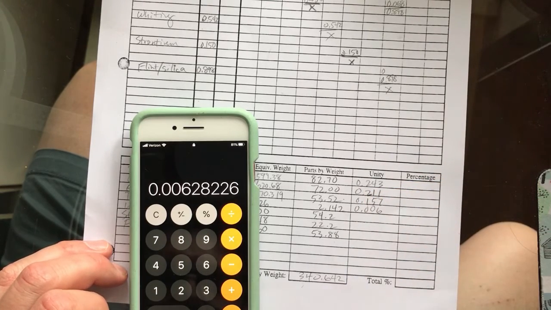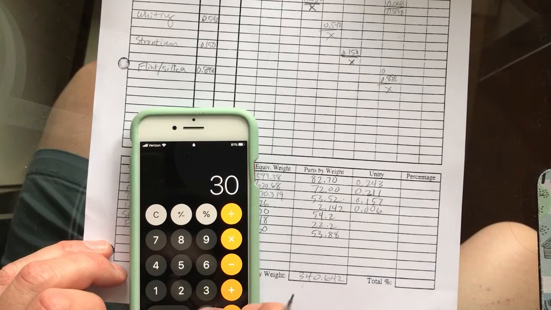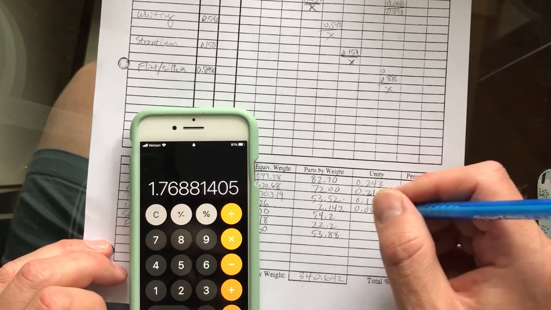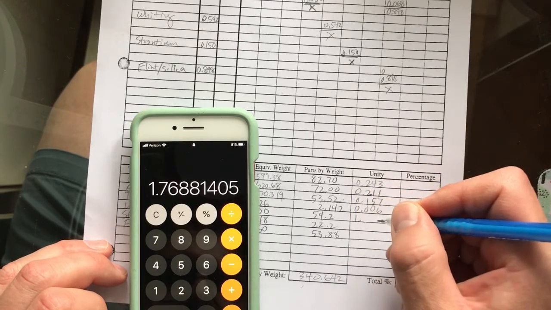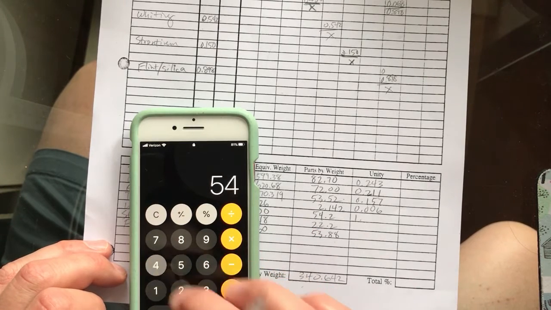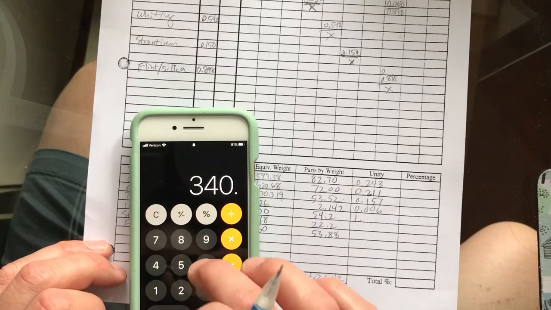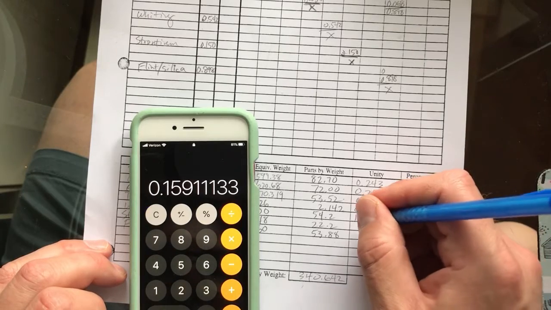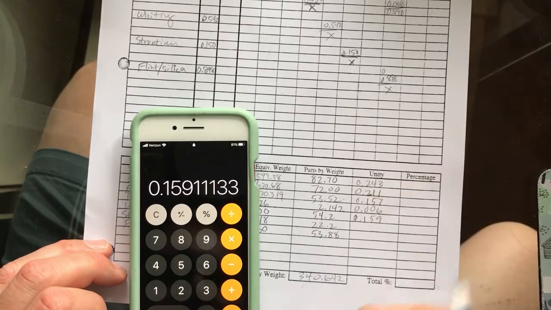That's a very small amount. 54.2 divided by 340.642 is 0.159.